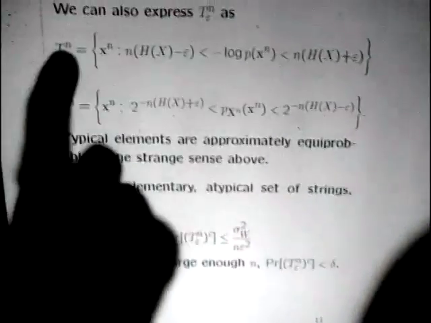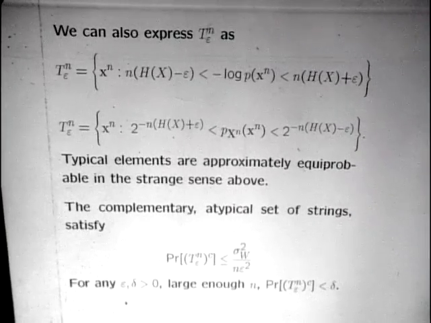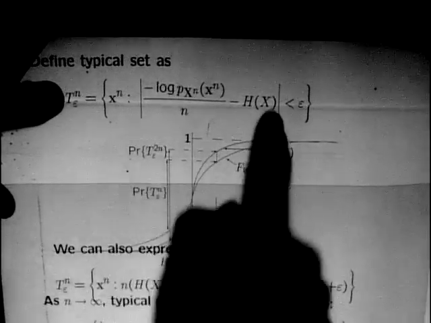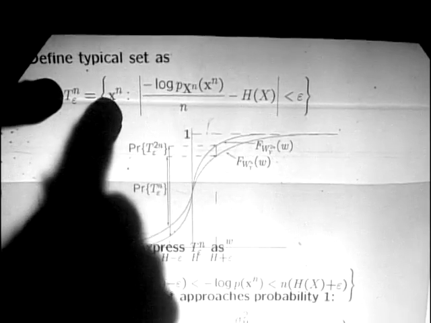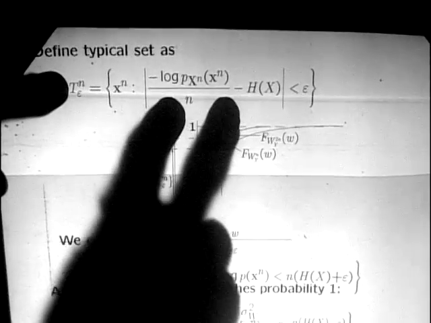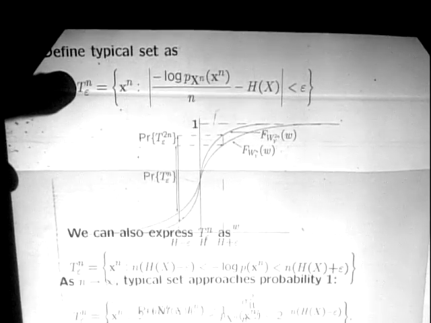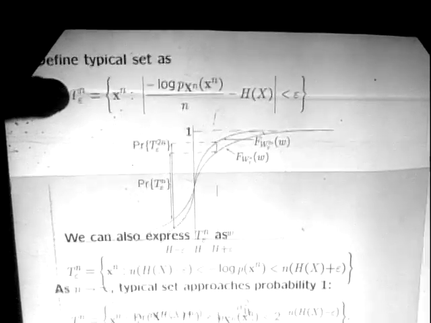Okay, so another way of expressing this typical set: if I take this inequality here and I rewrite this, namely, this is the set of x's for which this is less than epsilon plus h of x and greater than h of x minus epsilon.